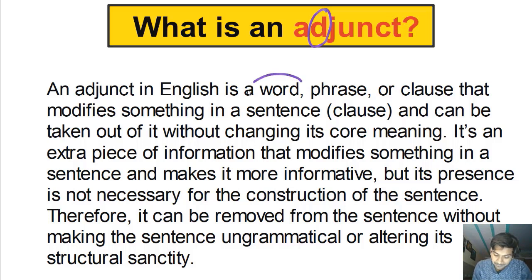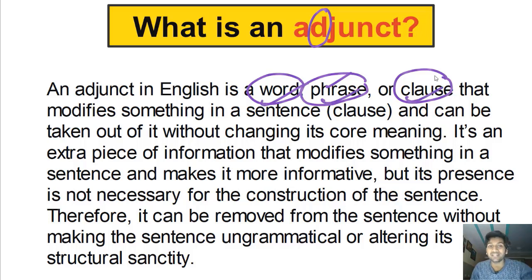It is a word, can be a phrase, that means a group of words that does not have the subject verb combination, a phrase. It is a word or a phrase, can be a clause, a group of words that does have the subject verb combination. So an adjunct is a word or a phrase or a clause that modifies something in a sentence.